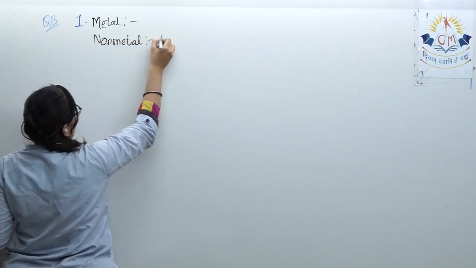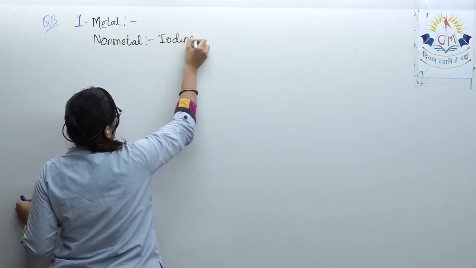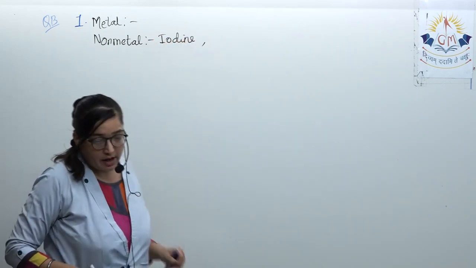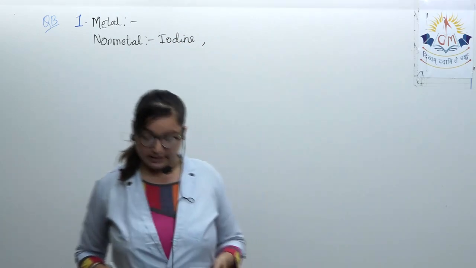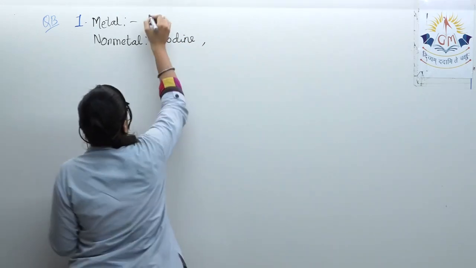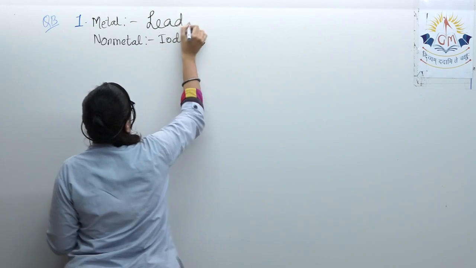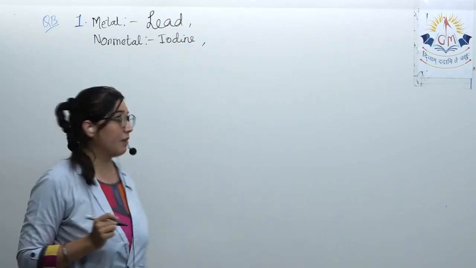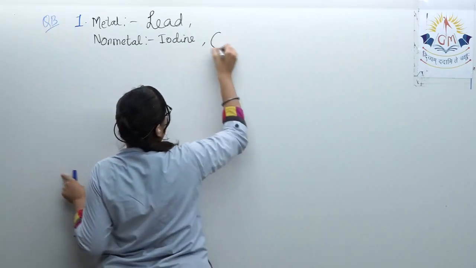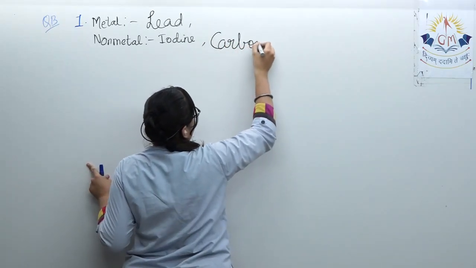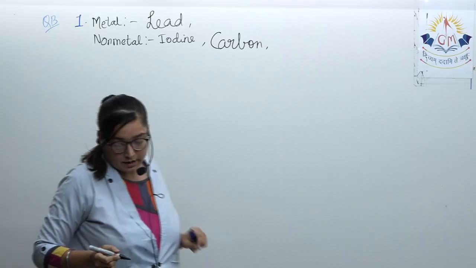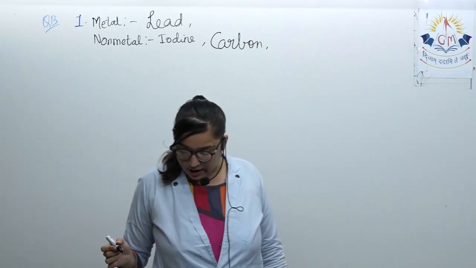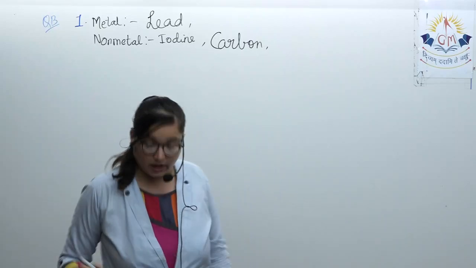The very first name, iodine, is a non-metal. After iodine you have lead. Lead is the name of a metal. What is the next name? The next name is carbon. Carbon is a non-metal. Then after carbon we have sulfur.